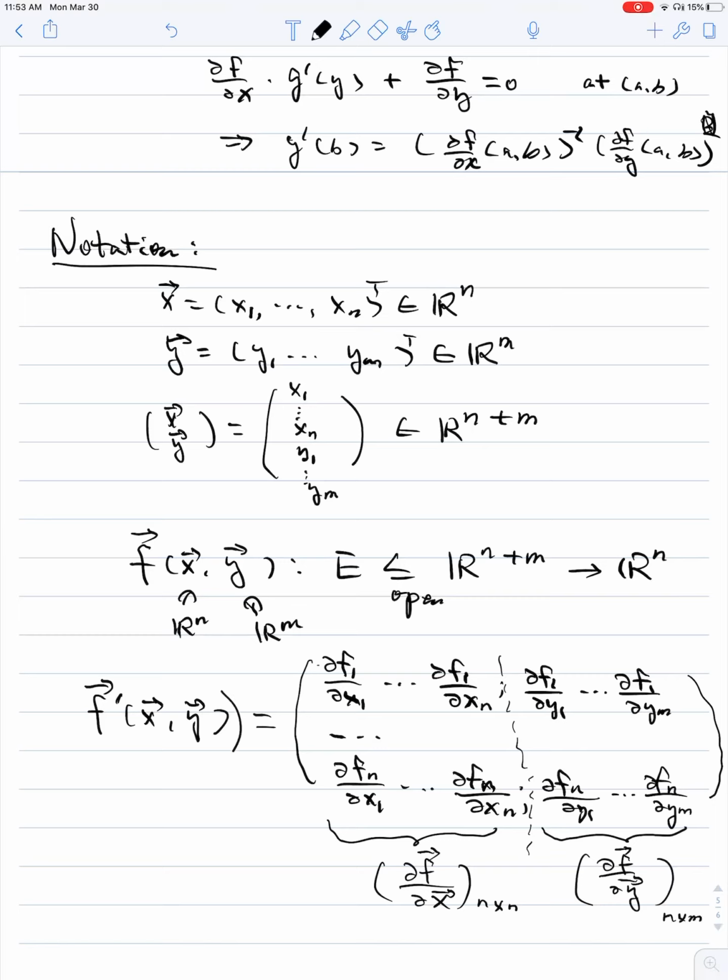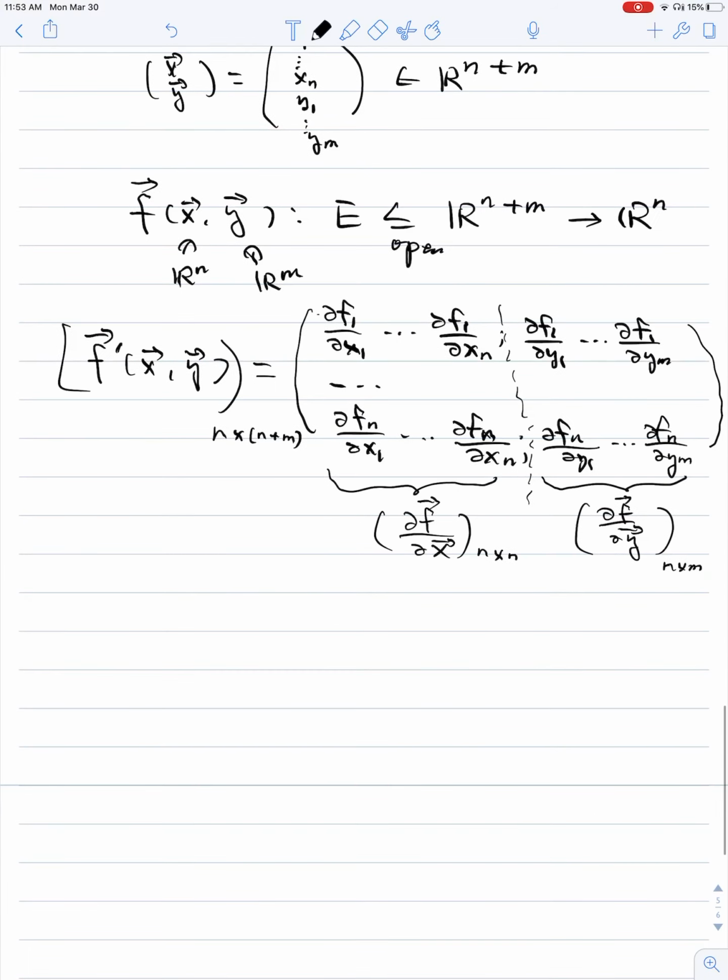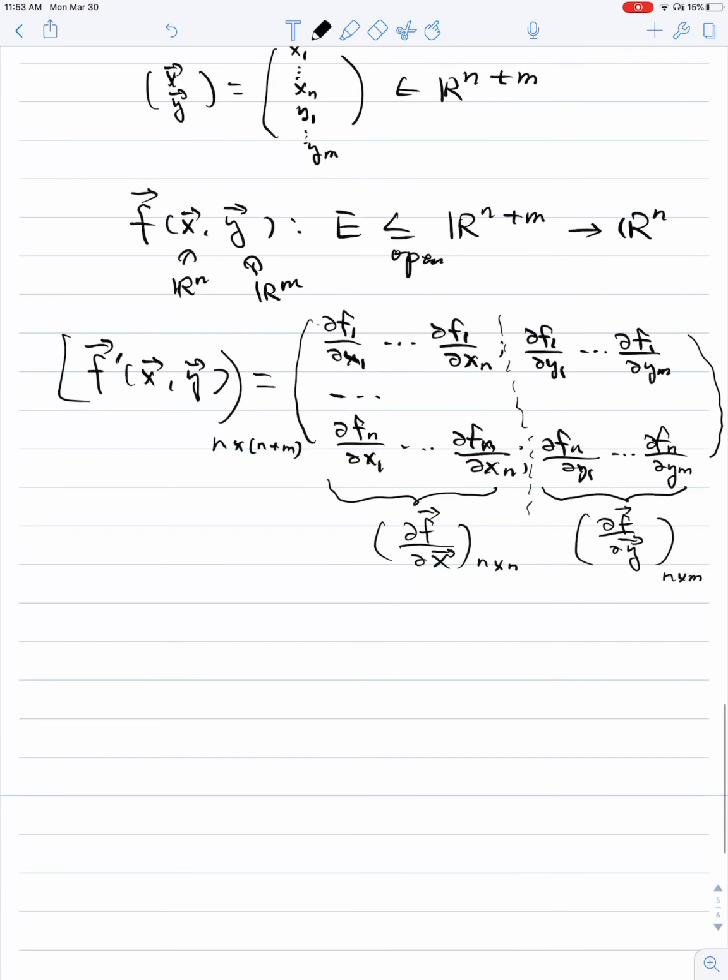The whole matrix is n by (n+m). All right, so now with this notation, we can state the theorem.